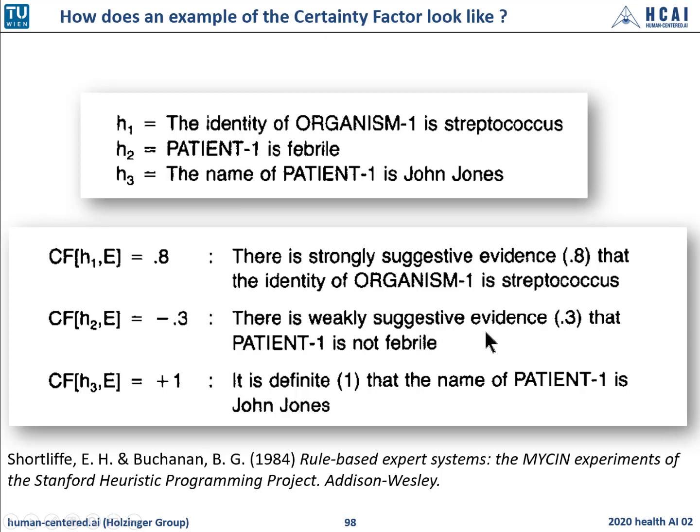There's weakly suggestive evidence that patient 1 is not febrile. And then the certainty factor of hypothesis 3, given the evidence, is +1. So it is definite that the name of patient 1 is John Jones. So this Mycin example makes the use of the certainty factor clear.